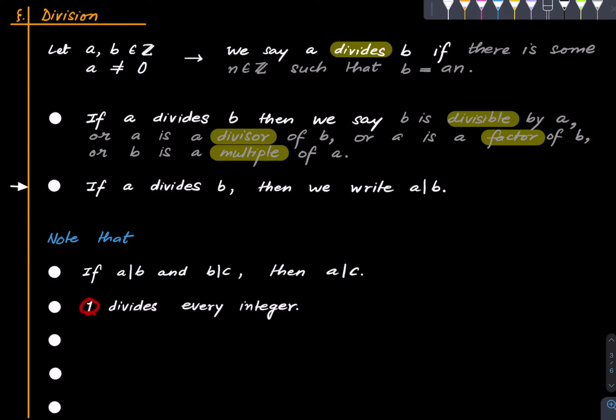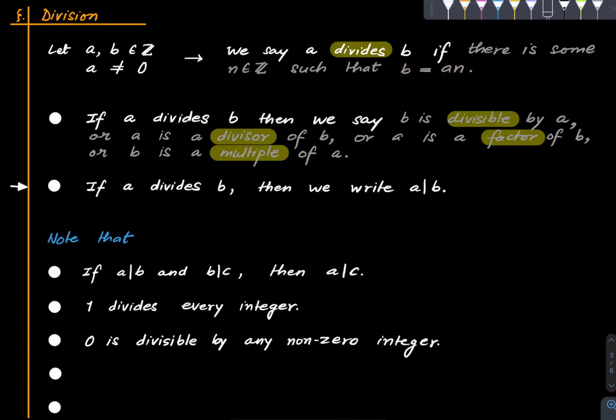All right. Clearly, 1 divides every integer. I'm sure you see this, but it is a good idea to write a formal proof at least once in one's life. 0 is divisible by any non-zero integer, right? Because if you take B as 0 and A is just some non-zero integer, then A times 0 is 0, and hence A divides 0.